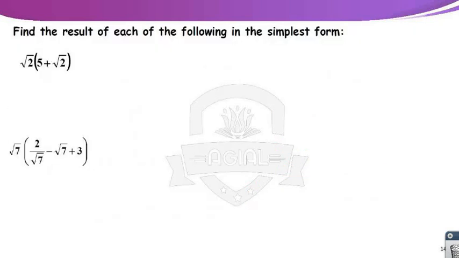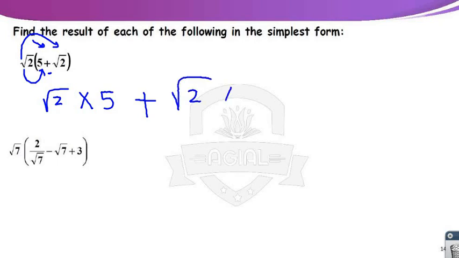Find the result of each of the following in the simplest form. Here we have square root of 2 multiply (5 plus square root of 2). So we multiply square root of 2 by 5, plus square root of 2 by square root of 2.